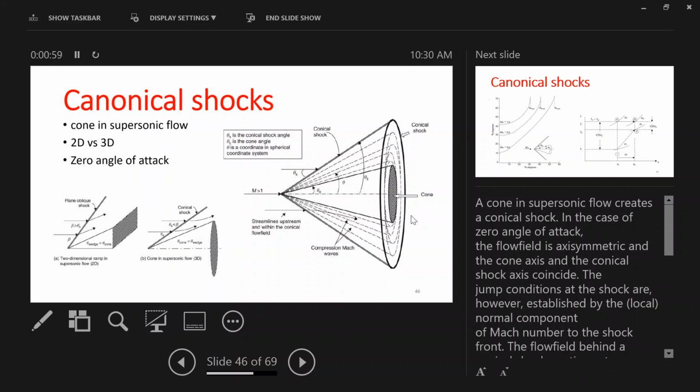Whenever you have a cone in a supersonic flow, you are going to have a conical shock. A conical shock is essentially a three-dimensional shock wave that passes through the cone, essentially.